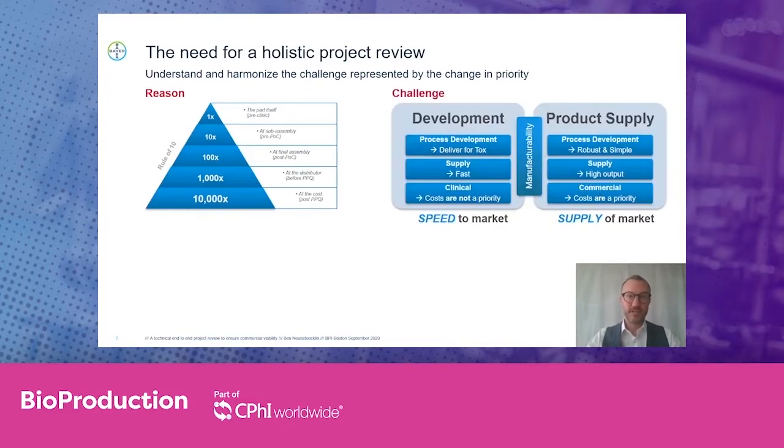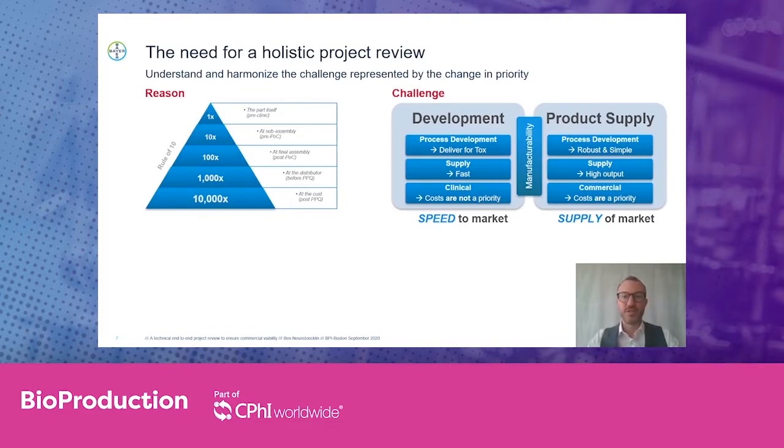Additionally, we should consider again the challenge regarding the different interests of development and product supply. For the first, it's about a process to deliver fast for toxicology studies and clinics, while costs are not a priority. On the contrary, for manufacturing or product supply, the process needs to be robust and ideally even simple, with a high-yielding output and an optimized cost structure.